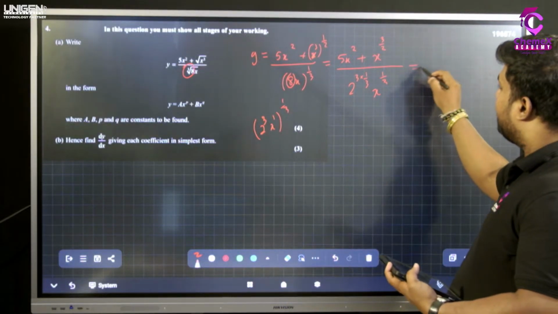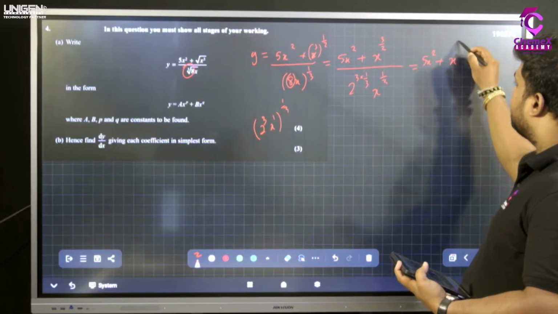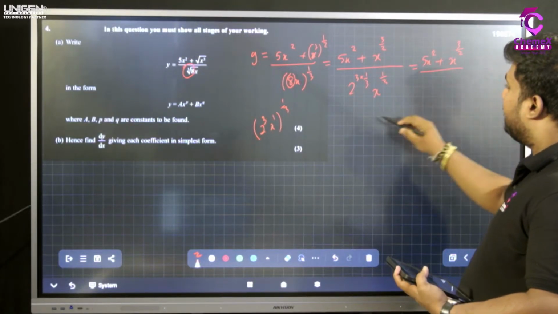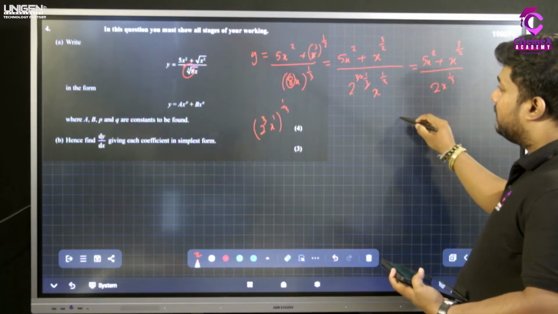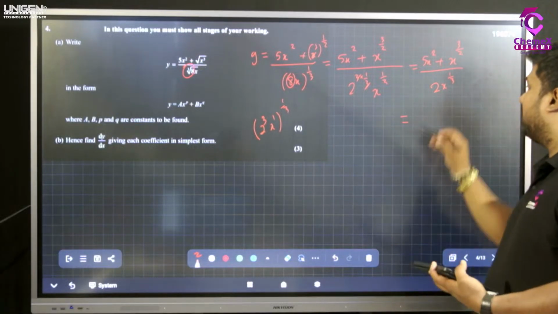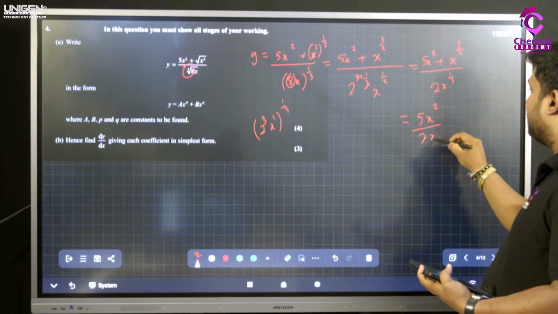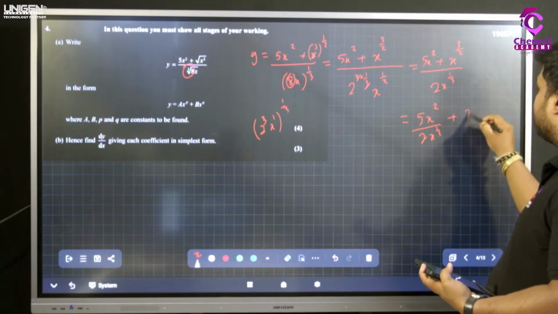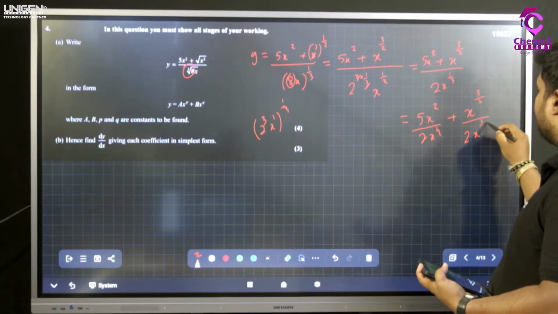So if I simplify it further, I can write 5x squared plus x to the power 3 over 2 divided by 2 x to the power 1 over 3. Okay, now I can simplify it further. How? Break it into two fractions, plus x to the power 3 over 2 over 2x to the power 1 over 3.